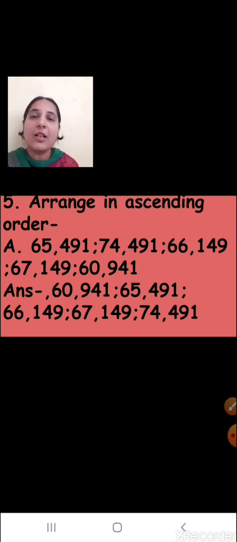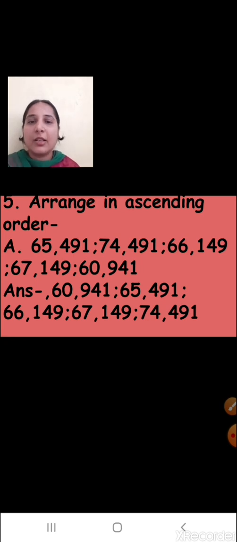Now let's move to the next question where you have to arrange in ascending order. Ascending order means to arrange from smaller to greater. So the numbers being given here are 65,491, 74,491, 66,149, 67,149 and 60,941. So which one would be the smallest? 60,941.